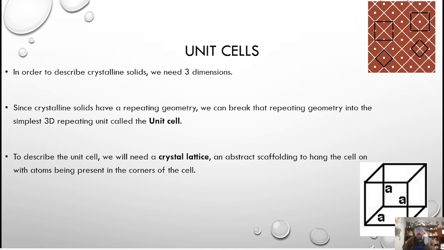This crystal lattice is just a scaffolding box that we're going to use to hang our atoms on. It's not actually present. It is just there to show us where the atoms are in reference to the other atoms and how this unit cell moves around. So where we draw the crystal lattice determines what the unit cell is. Like this one is a unique pattern where we can draw multiple different unit cells, and imagine how this pattern goes.